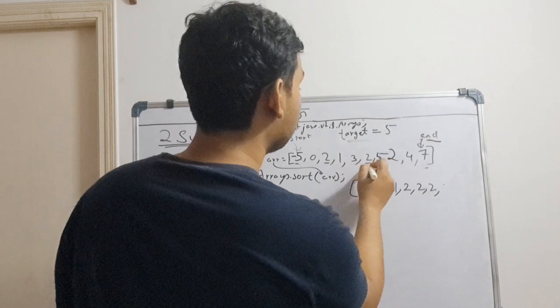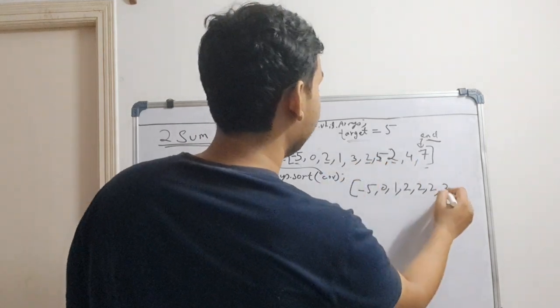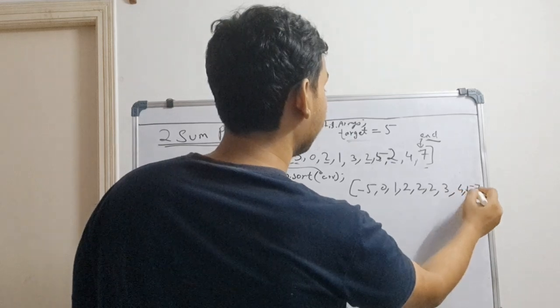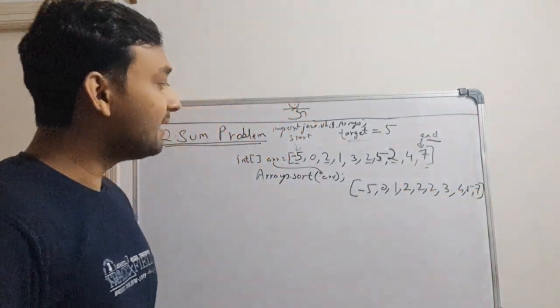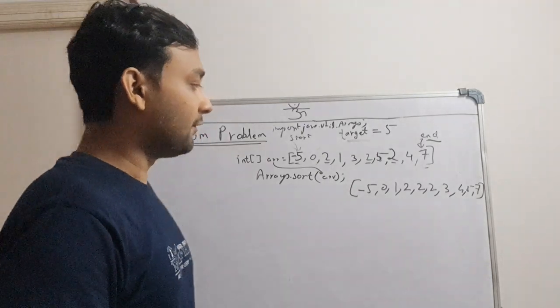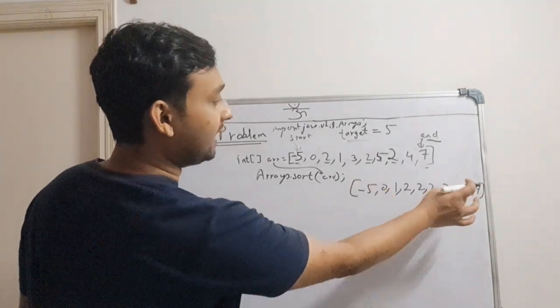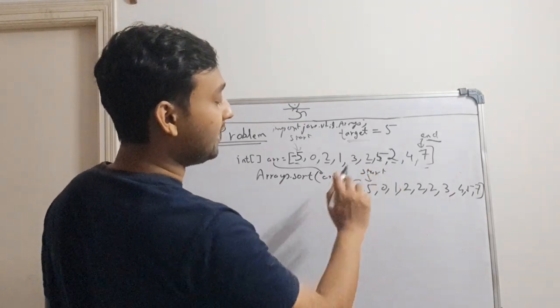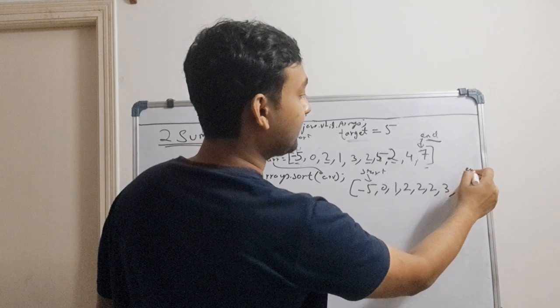There are three 2s, right? Then 3, then 4, then 5, then 7. I think this will be my final sorted array. Then after that, this will be my left pointer and this will be my right pointer. The left pointer will be my start index and the right pointer will be my end index.